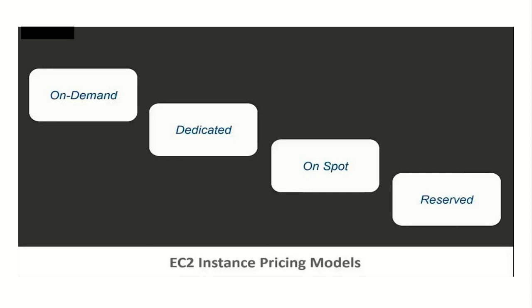But it is available to us at a cheaper price, at the price bid that we put on it. That is why it is more affordable, but again it is good for volatile data only.